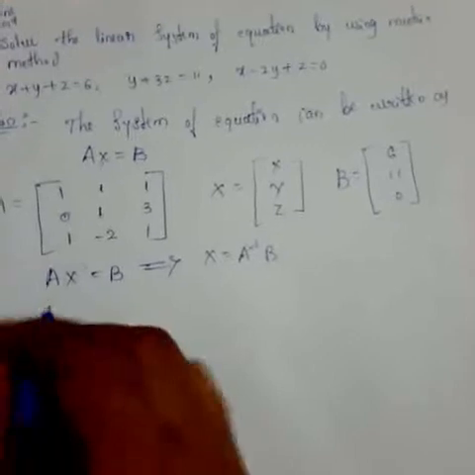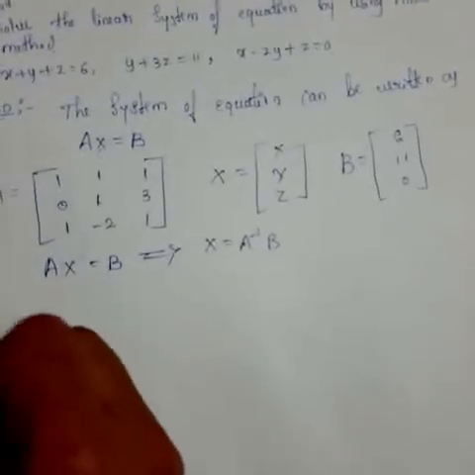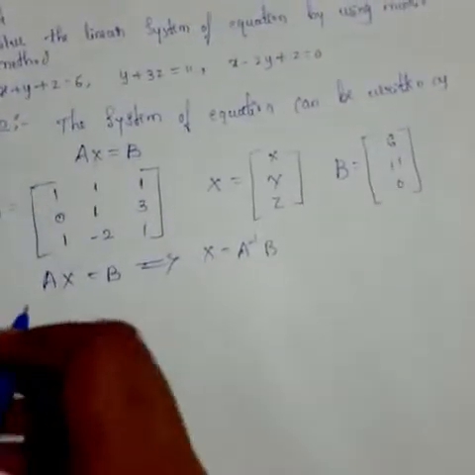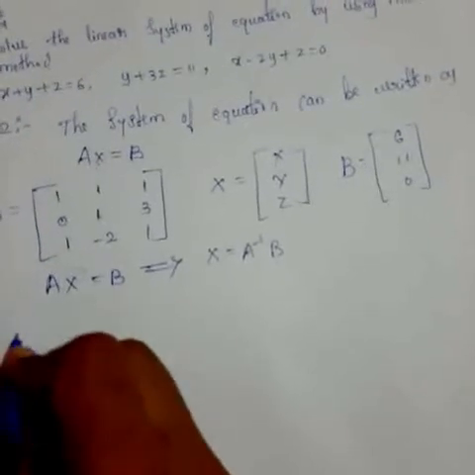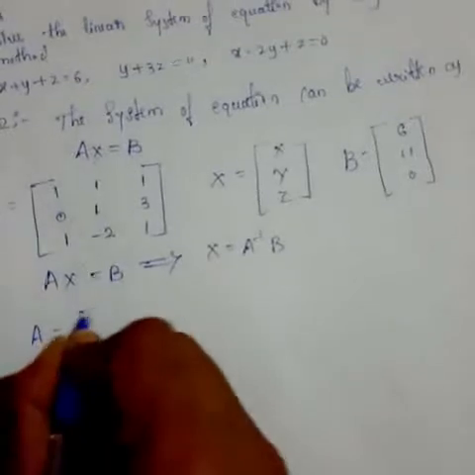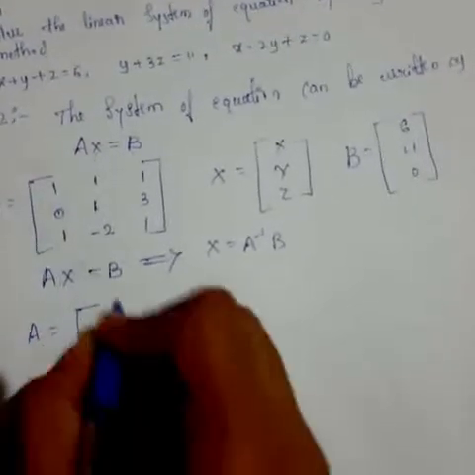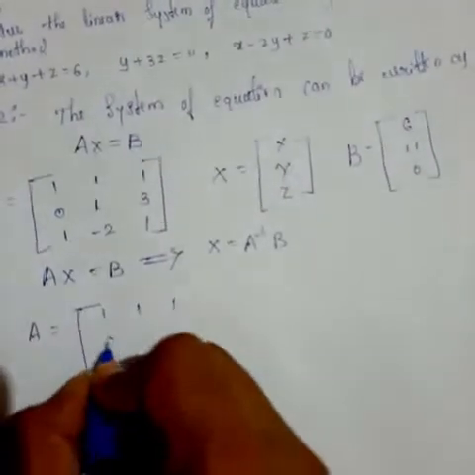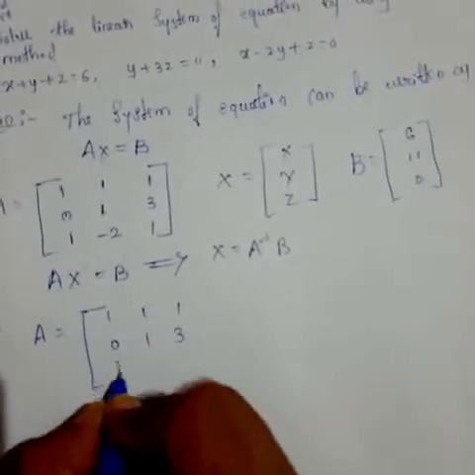So first we have to check whether the given matrix is non-singular or not. Non-singular means determinant of A is not 0. See here, A is equal to 1, 1, 1, 0, 1, 3, 1, minus 2, 1.